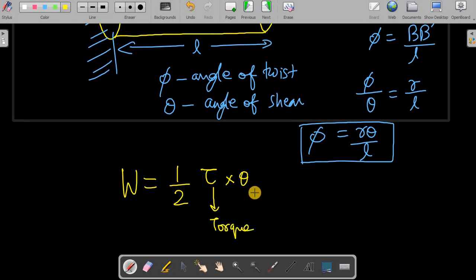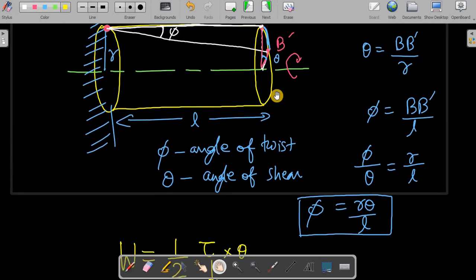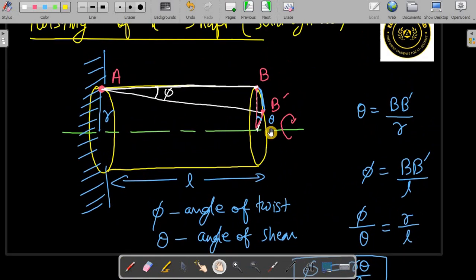And this angle theta is the angle through which it is rotating, or the rotation angle, or the angle of shear only we should consider. Because to be able to do that like this, you are applying some torque. Without torque, how can you make this angle? So you are applying some torque here basically, isn't it?